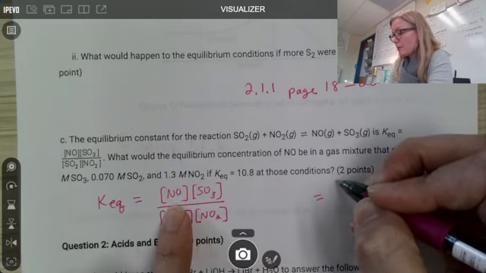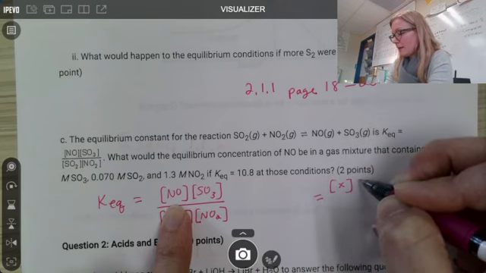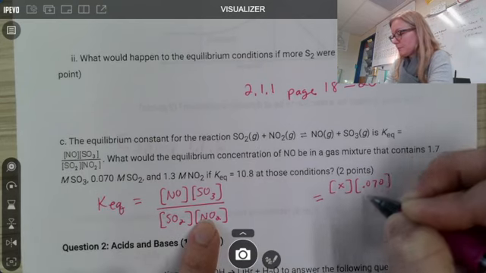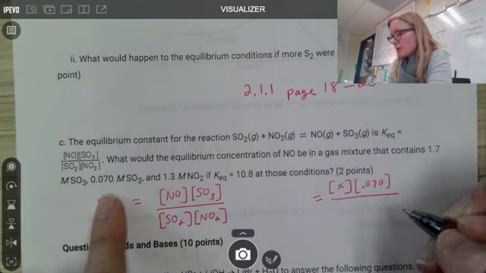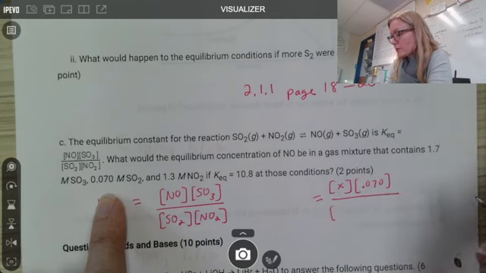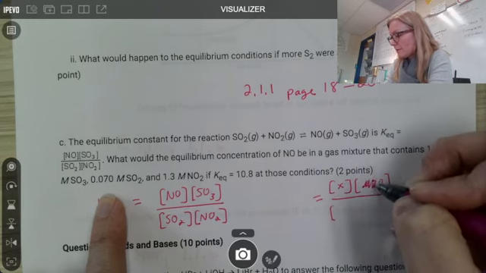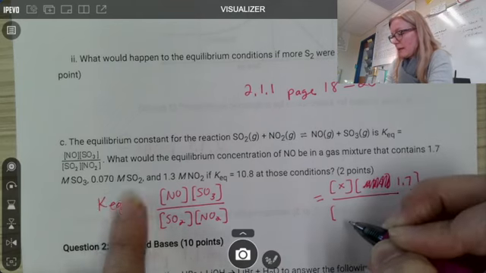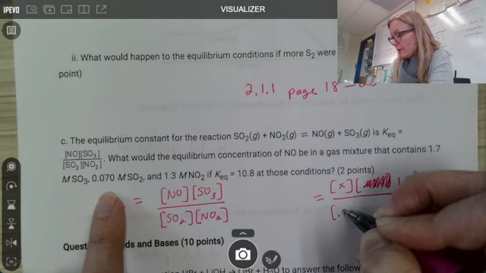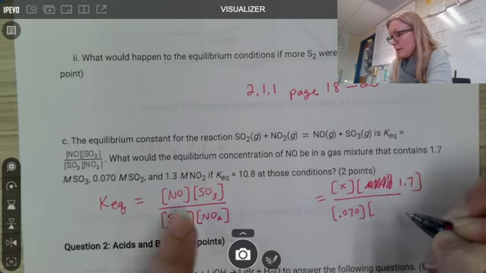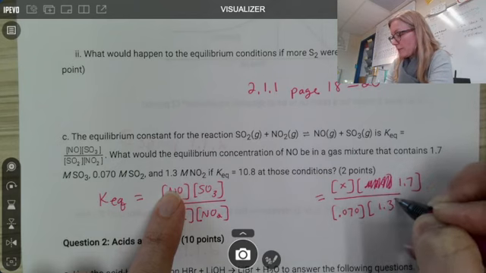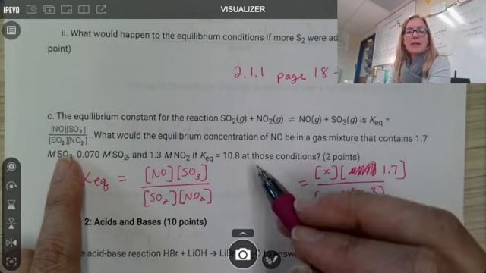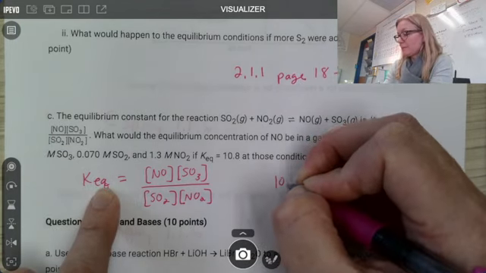So NO is our unknown, so I'm going to call that X. SO3 is 1.7. And then the SO2 is 0.070. And then the NO2 concentration is 1.3. So for this one, none of them are squared. And then that's saying that Keq, this value, is going to be 10.8.